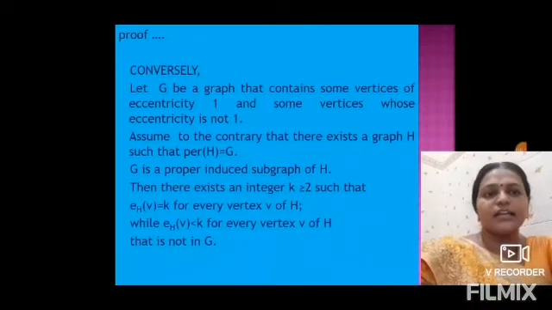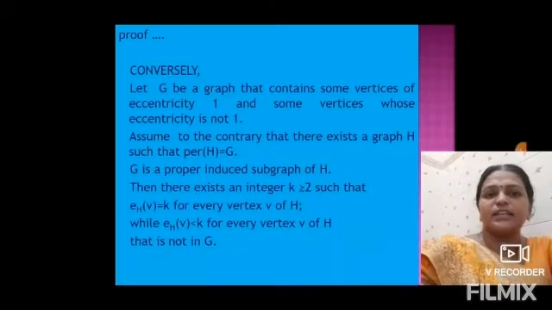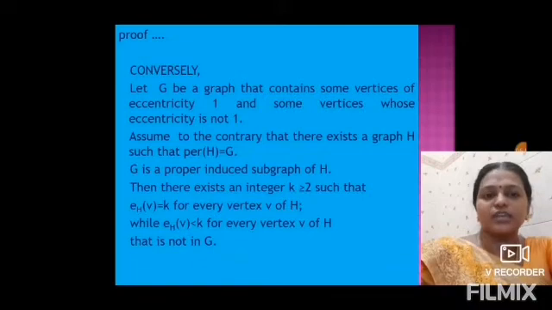Assume to the contrary that there exists a graph H such that the periphery of H is equal to G. G is a proper induced subgraph of H. Then there exists an integer k greater than or equal to 2 such that the eccentricity of V is equal to k for every vertex V of G, while the eccentricity of V is less than k for every vertex V of H that is not in G.